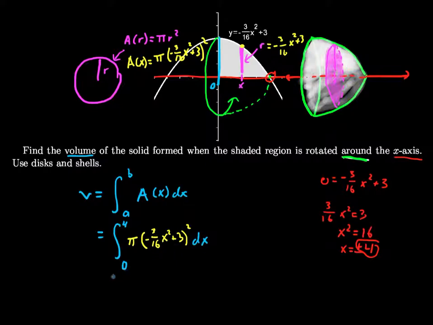And we actually had a formula in class. This is a constant multiple. Pi multiplied by the integral from 0 to 4 of negative 3/16 x squared plus 3, squared, dx.